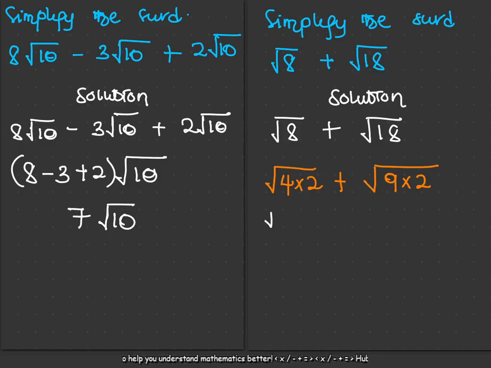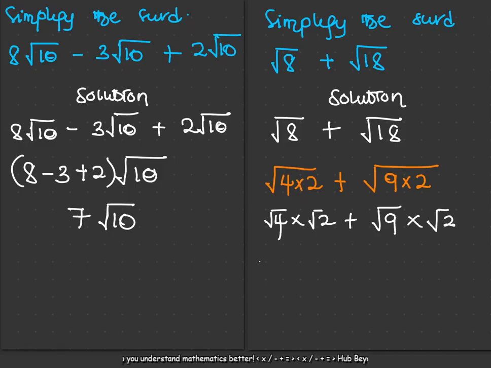We say we have the square root of 4 times the square root of 2, then plus the square root of 9 times the square root of 2. The square root of 4 gives us 2, so we have 2 root 2, plus the square root of 9 gives us 3, so 3 root 2.